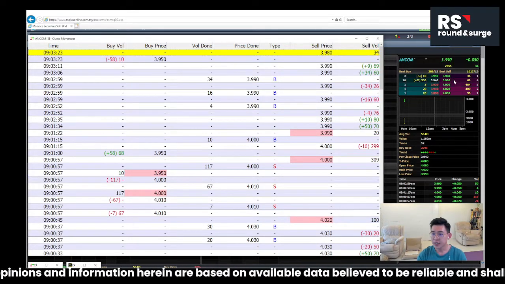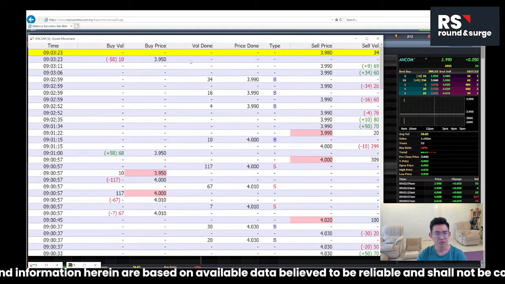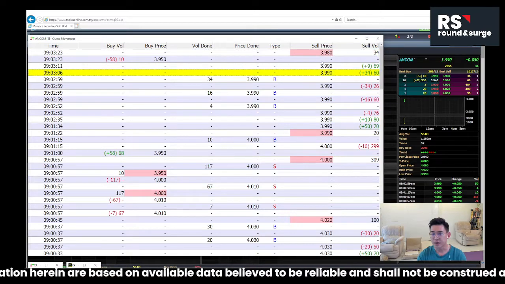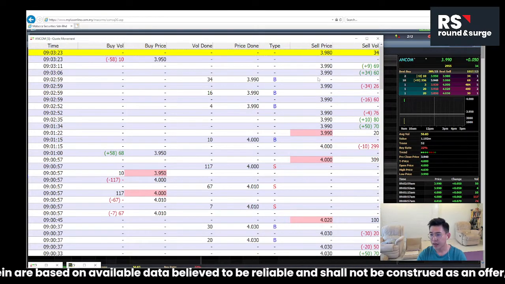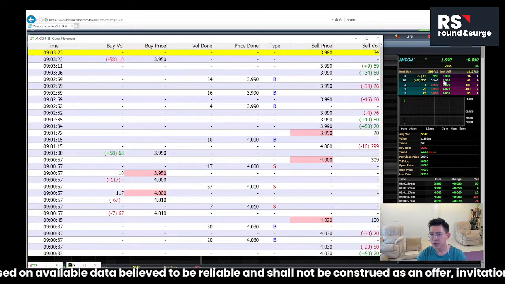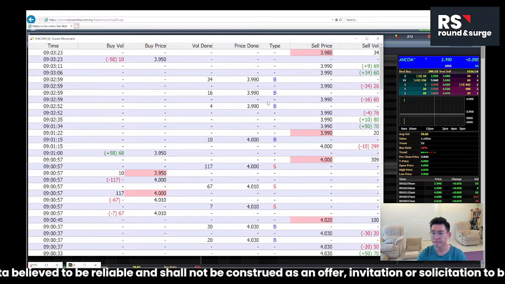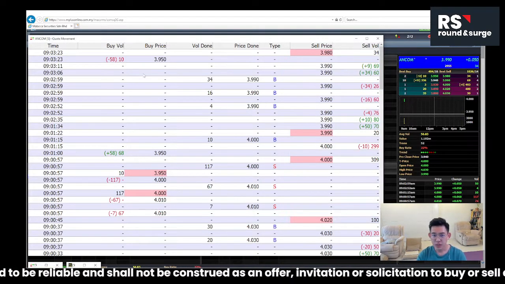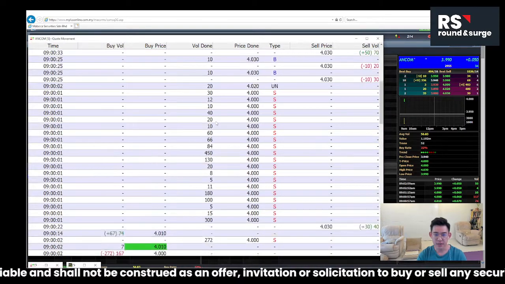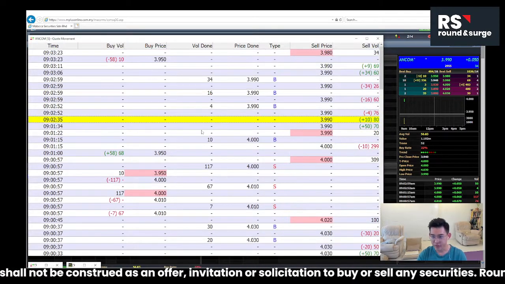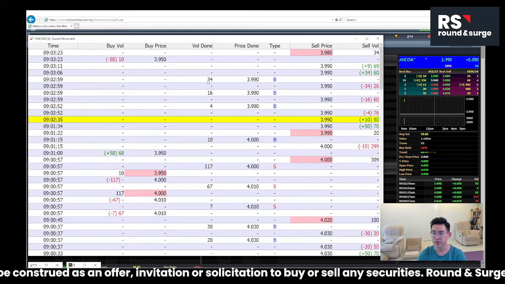Okay, so 399 is clear, but let's move it back up. The queue is 398 at the best sell right now. So there are some cases that the big boys sometimes throw the price down first before they push the price up higher.